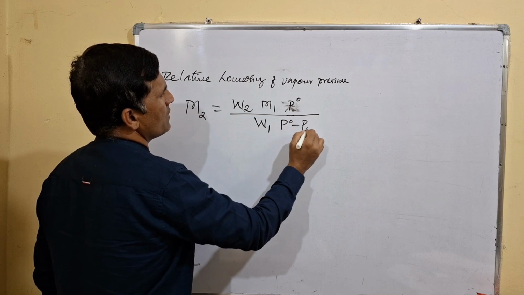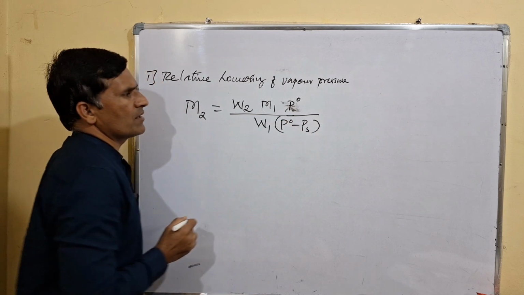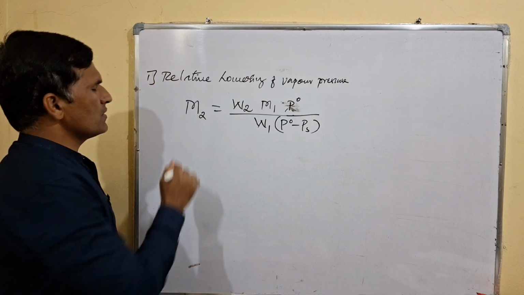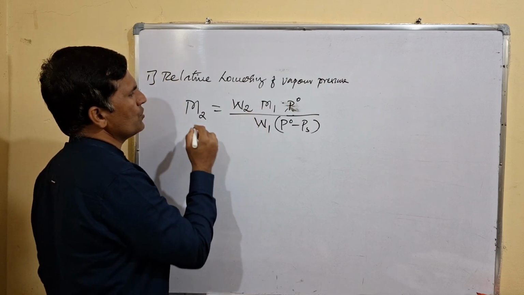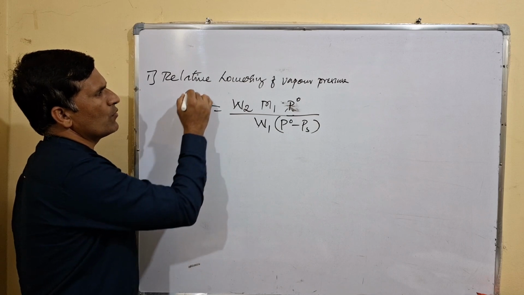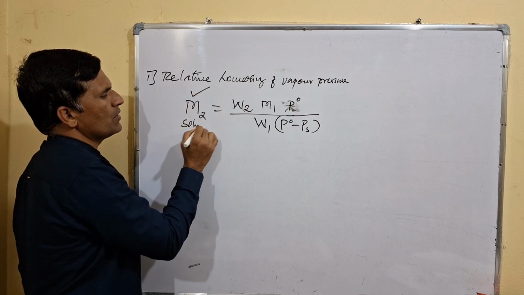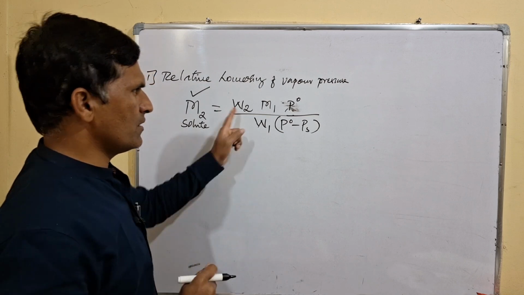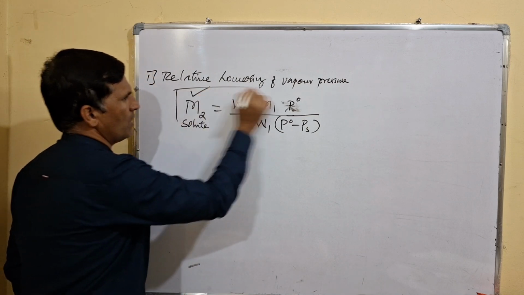P naught minus Ps is the difference in vapor pressure of the pure solvent and the solution. This is the formula we use to calculate the molar mass of the solute by using relative lowering of the vapor pressure. This you should remember, the first formula.